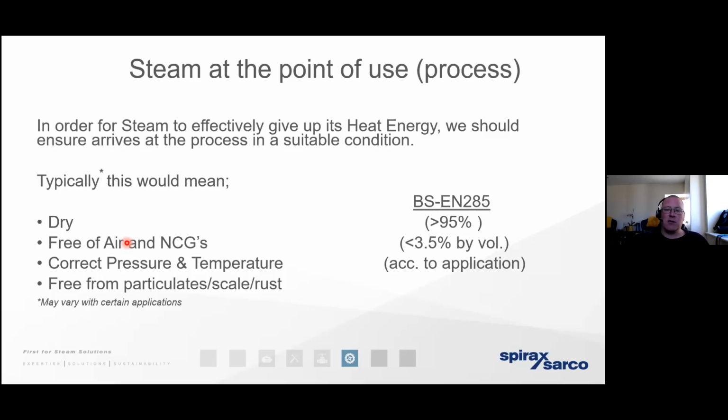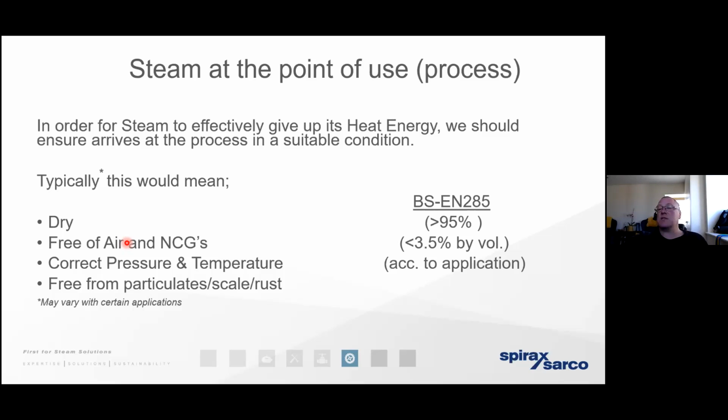And that's where we're going to want to impose certain values on the steam condition. We're probably going to want the steam to be 95% dry or better, because an excess of moisture in the steam means not only do we have less energy than we may expect, it also means there's a risk that we could be contaminating the product or atmosphere with an excess of moisture, and that moisture is going to have boiler chemicals entrained within it.